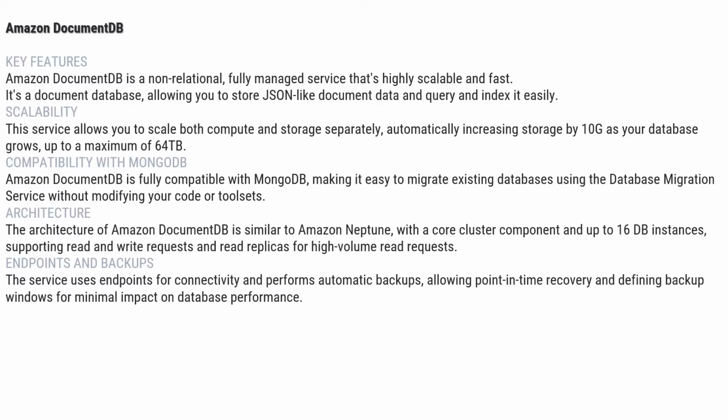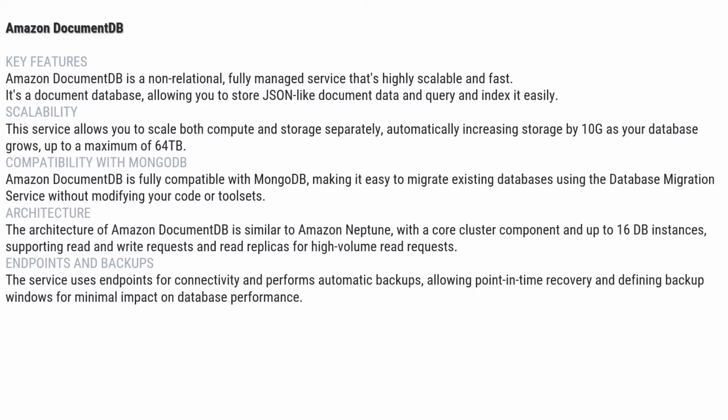Now, welcome to the Amazon DocumentDB lecture, where we will explore the features and architecture of this powerful database service. Amazon DocumentDB is a non-relational, fully managed service that is highly scalable and fast. It's a document database allowing you to store JSON-like document data and query and index it easily.